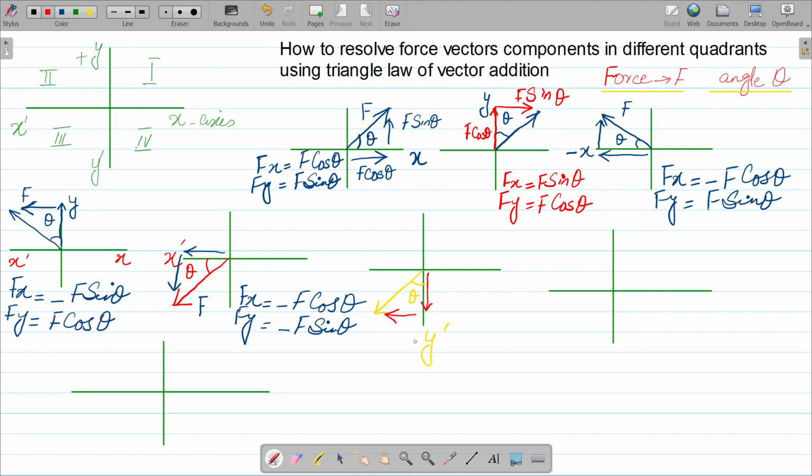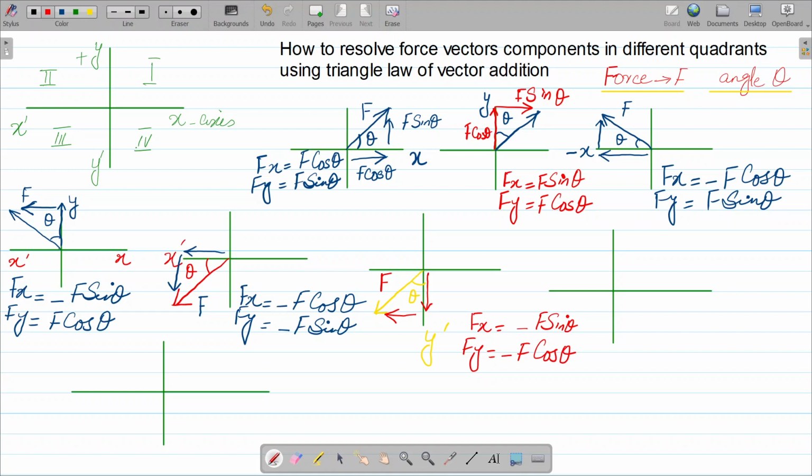Remember, this is our force F. So what will be Fx for this quadrant? Fx will be minus F sin theta, and Fy will be minus F cos theta.